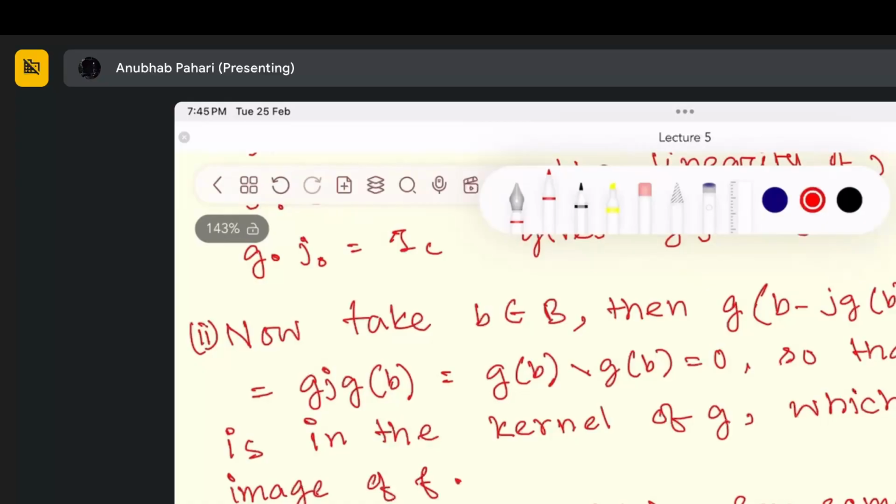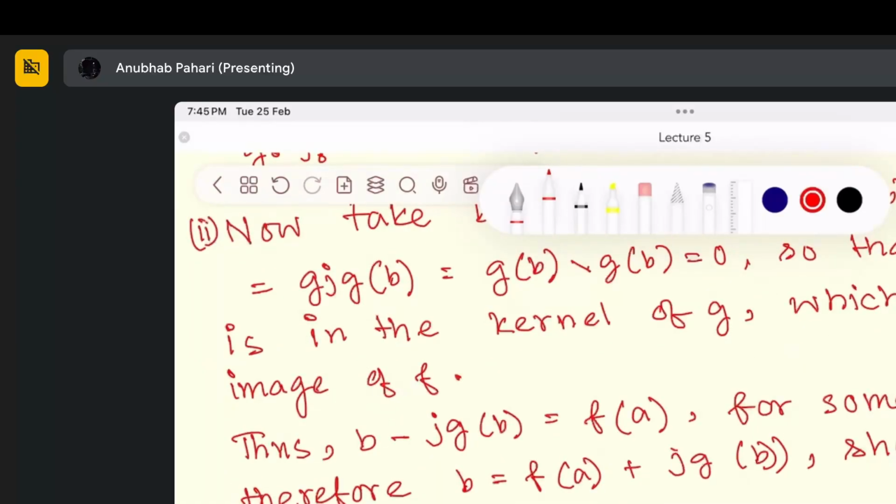Now suppose f of a1 equals J of c is in f of A intersection J of C for some a1 in A and c in C. Then 0 equals g of f of a1 equals g of J of c equals c.